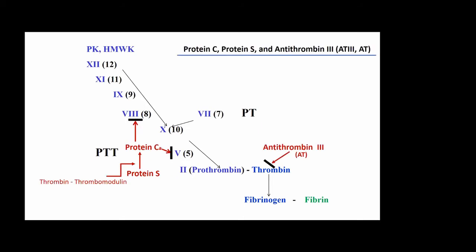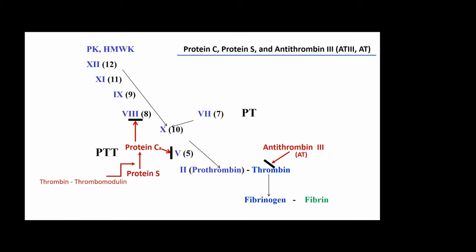Anyway, thrombin is inhibited by antithrombin 3. Antithrombin 3 is also now simply called antithrombin. So activated protein C inhibits 5 and 8. It requires protein S to work. And so the deficiencies of these two molecules, or mutations of these two genes, result in very, very similar phenotypes.